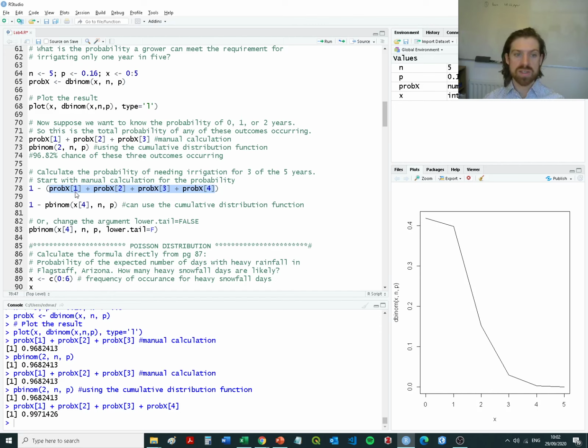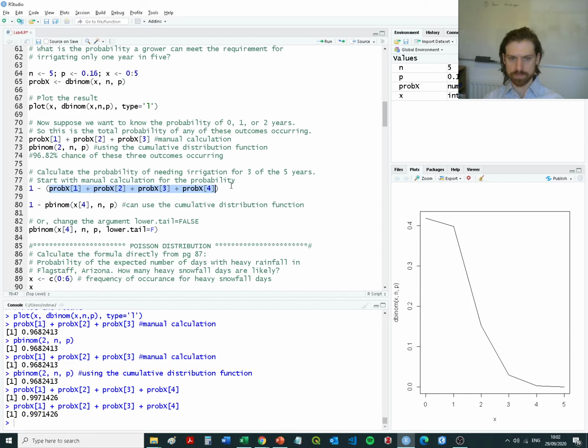Remember that these numbers here are indexing into this particular vector. And this just refers to the row number, for example. So actually, the prob x row 1 is year 0, and the prob x row 2 is year 1. So I just wanted to re-emphasize that.